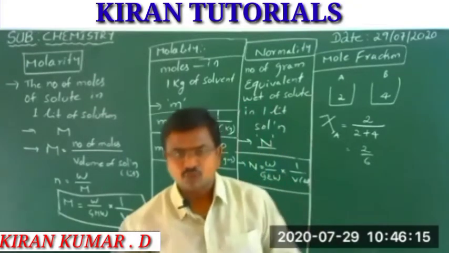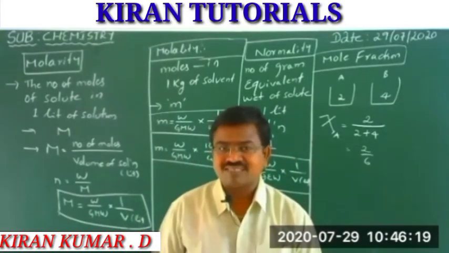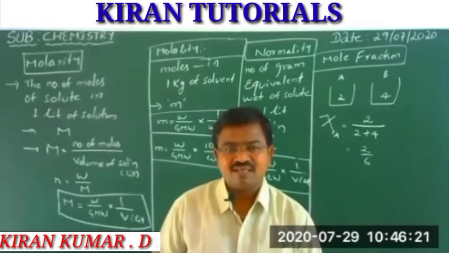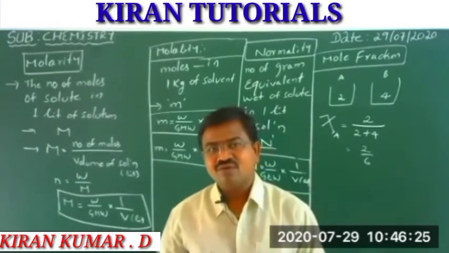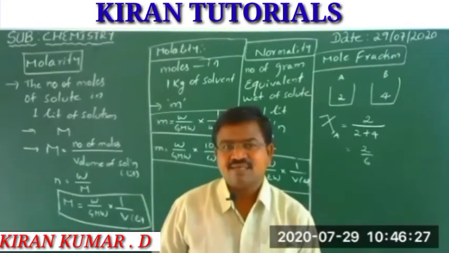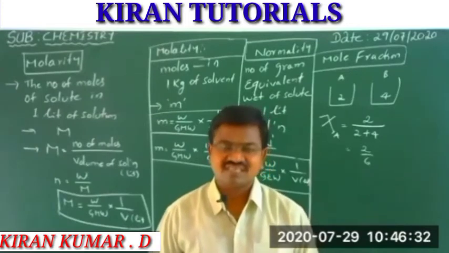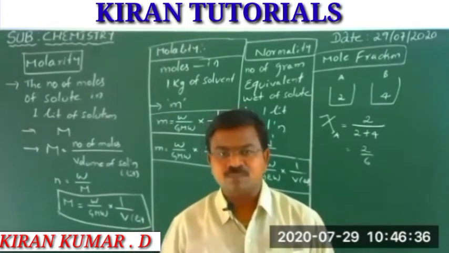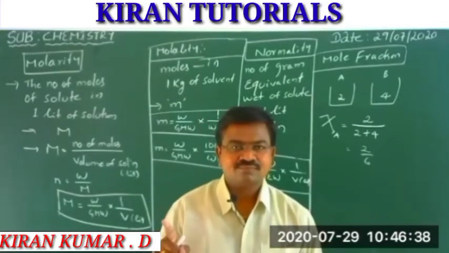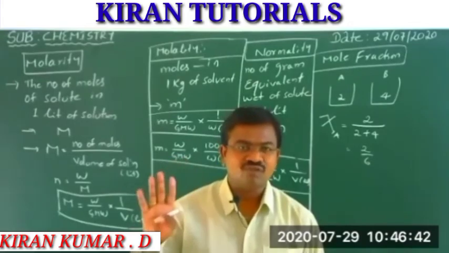In the previous class we completed W by W percentage, W by volume percentage, nothing but weight by volume percentage, volume by volume percentage, ppm, and ppb. Now the remaining concentration terms are molarity, molality, normality, and mole fraction.